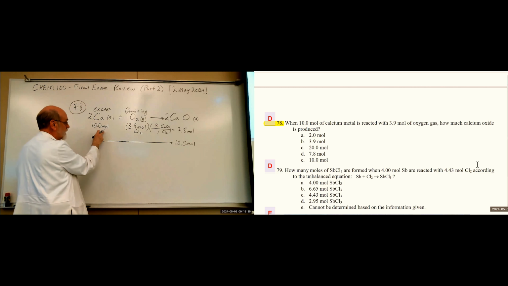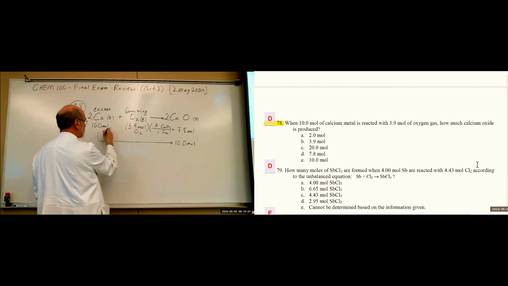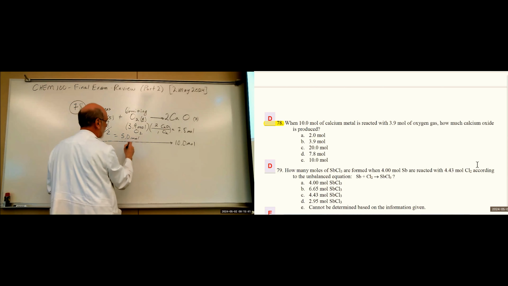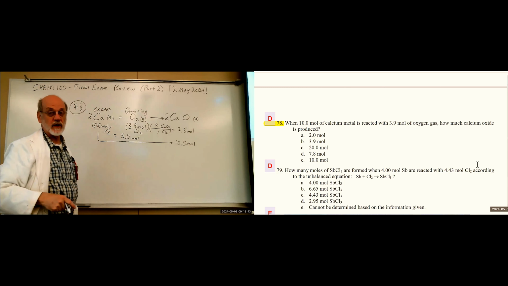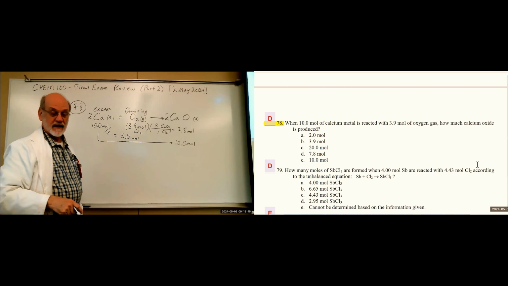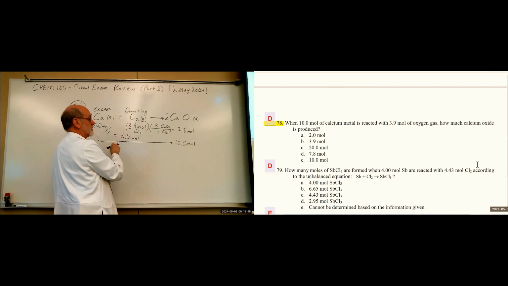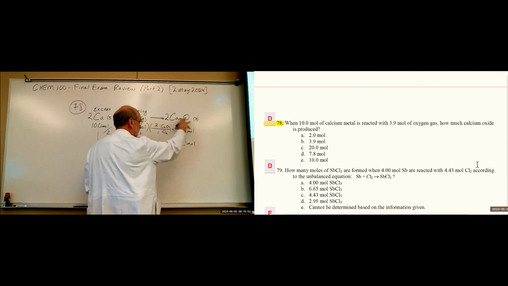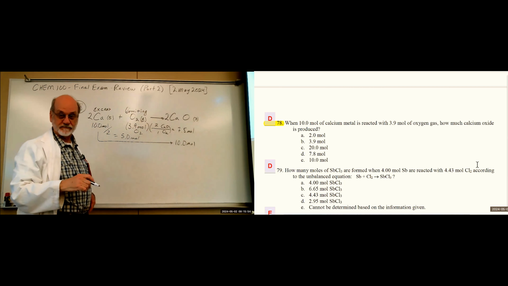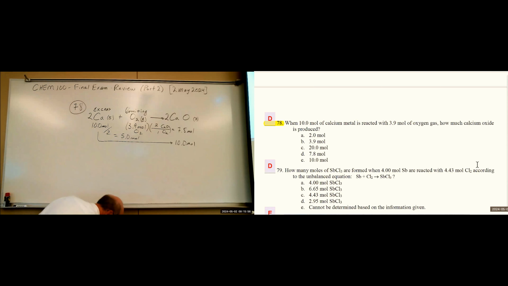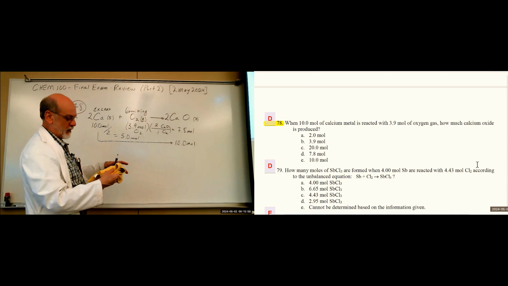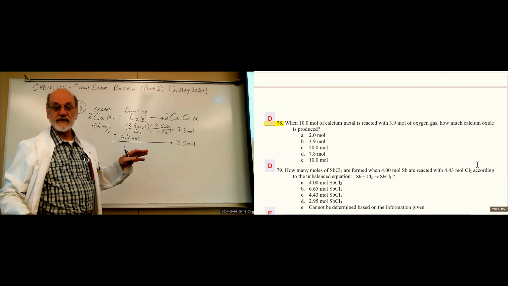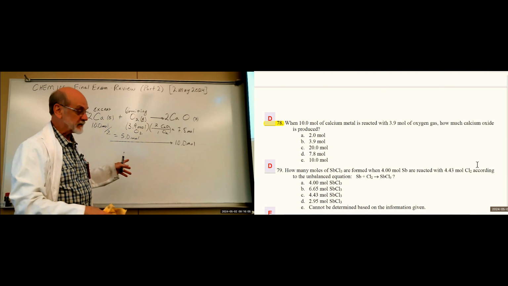To use up all of this, you would need half of that. But you don't have half of that. You've only got 3.9. That means you don't have enough oxygen. That makes oxygen limiting. And then you can proceed to calculate calcium oxide. Those are 2 different ways to solve the same problem. But the answer is 7.8 moles, D.